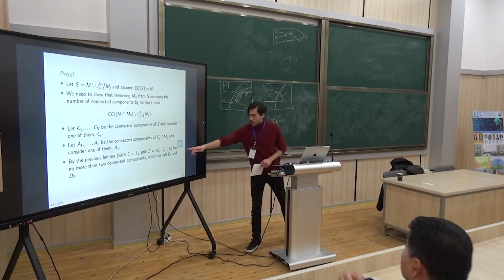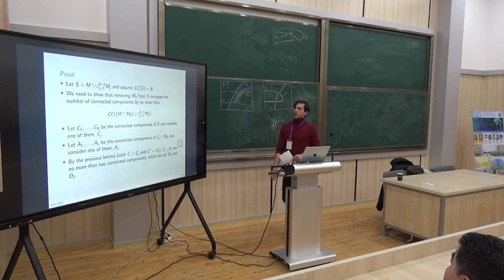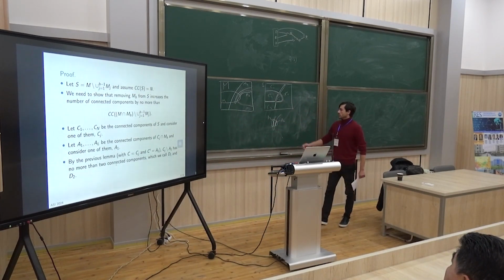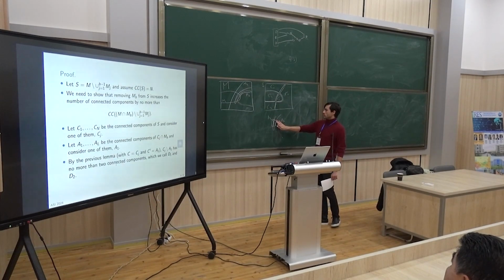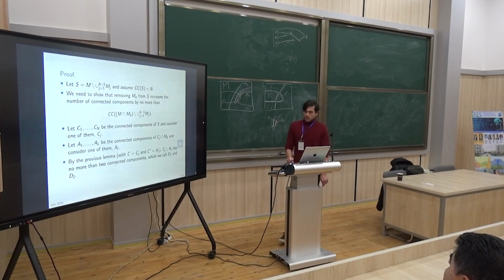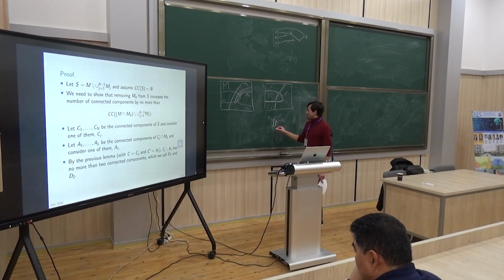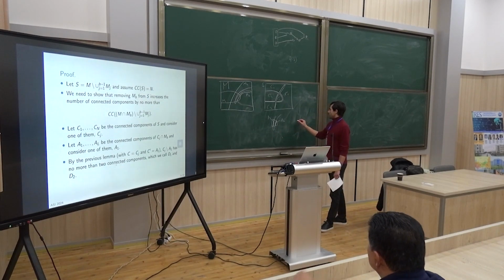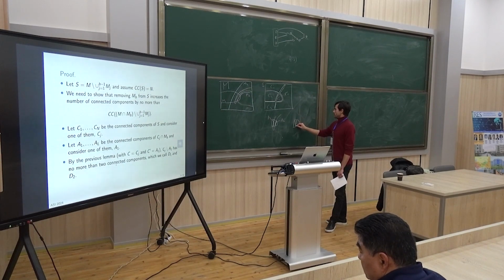CJ subtracted A1 has no more than 2 connected components. That certainly makes sense. And those 2 connected components, let's say we're looking at them over here. So this without A1 would have 2 connected components that we may call here D1 and D2.